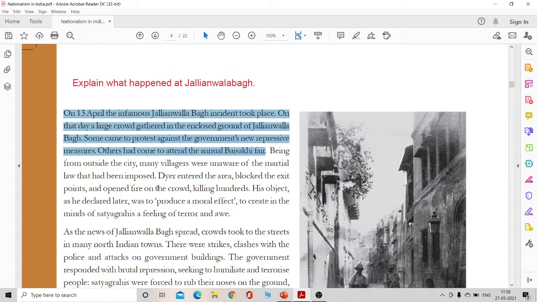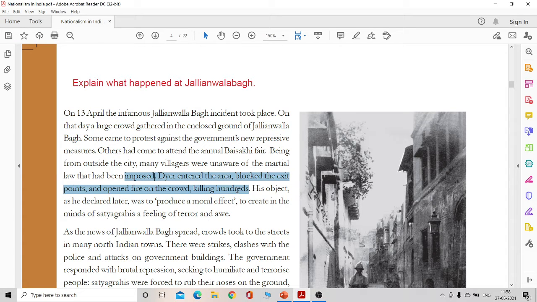And Dyer simply entered the area, blocked the exits, and killed hundreds of innocent men, women, and children. His object was declared later: he wanted to create a shock and awe campaign, to produce a moral effect where the Indians would not dare protest against the mighty British Empire out of fear.